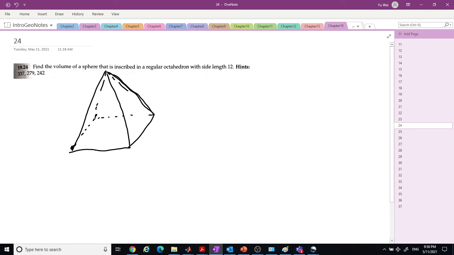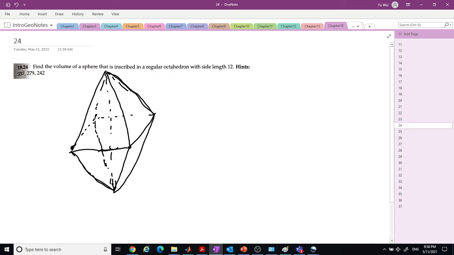Okay, so it's this. So this is the octahedron.